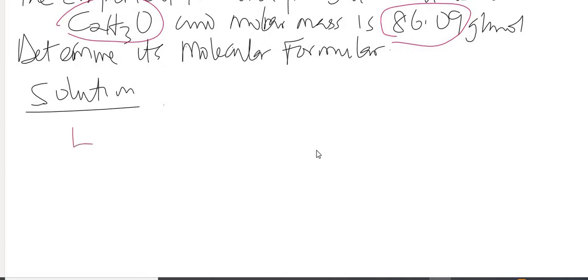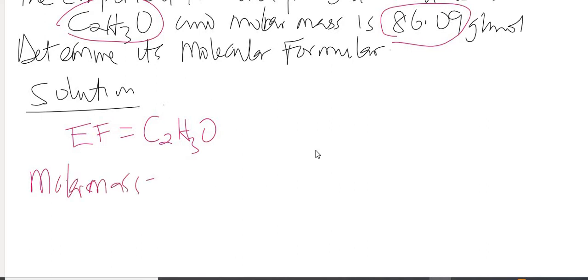We know the empirical formula to be C2H3O. And the molar mass of the compound is given to be 86.09 grams per mole.